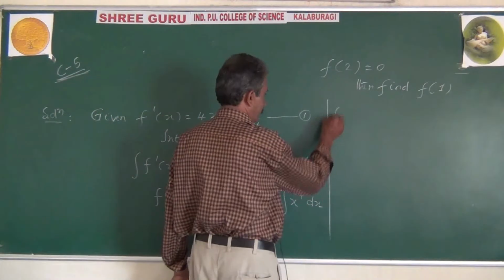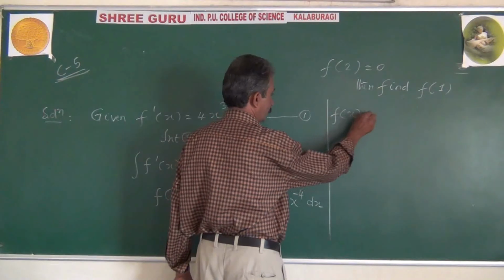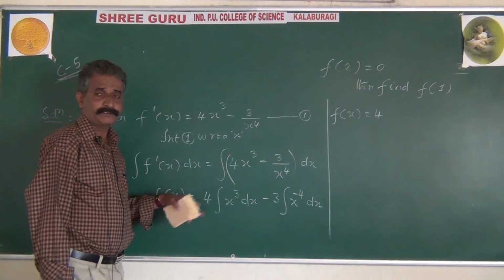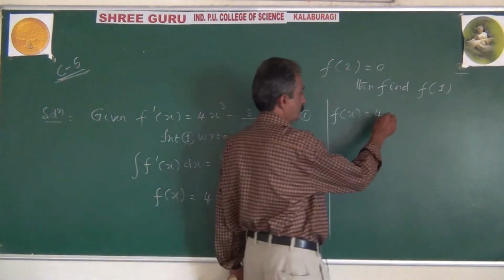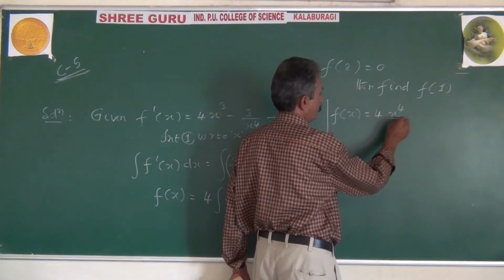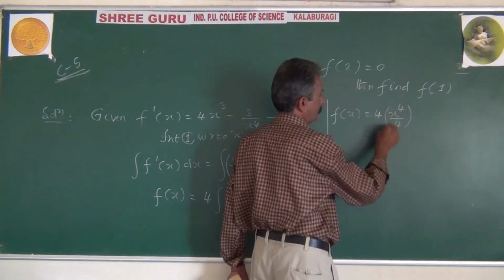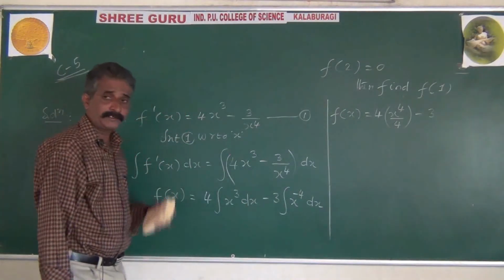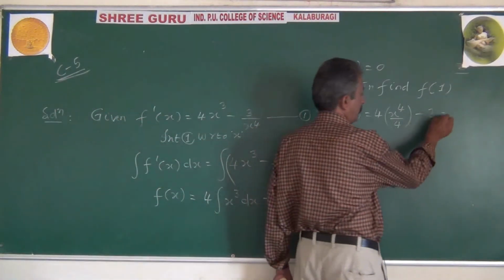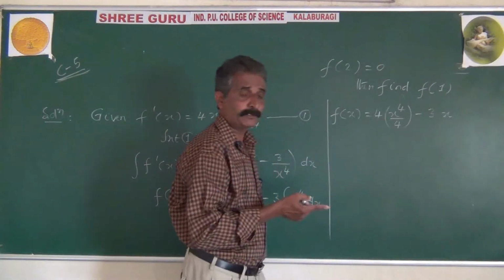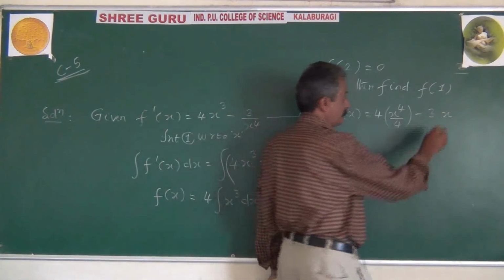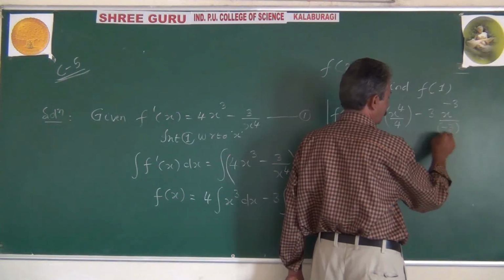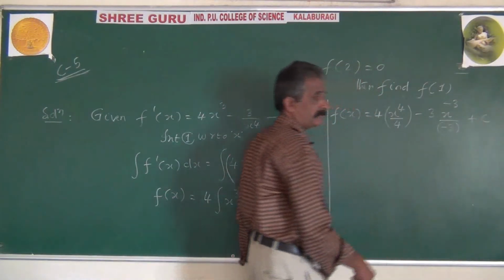Further, f of x equals to 4 into. What is integration of x cubed? X power 4 by 4. Minus 3 into integration of x power minus 4, which is x power minus 4 plus 1 by minus 4 plus 1, means minus 3 divided by minus 3, plus constant c.